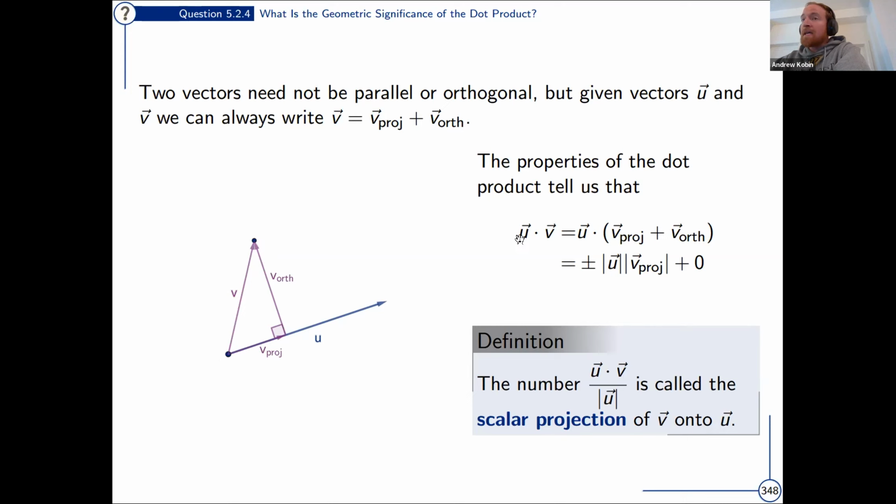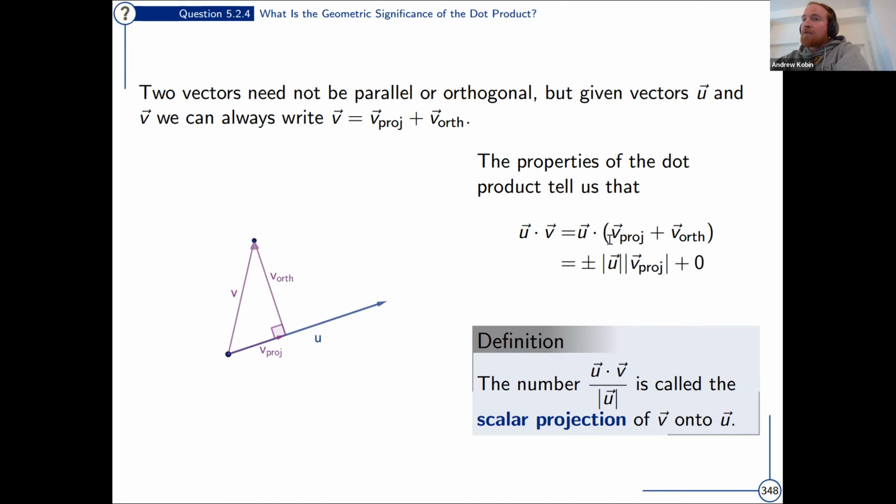For now, if we use the distributive property of the dot product, we can write v as vproj plus vorth. And because u and vorth are orthogonal to each other, here they form a 90-degree angle in the picture, their dot product is 0 by the previous theorem. On the other hand, u and vproj are parallel to each other, and in this case, they point in the same direction. If v were making an obtuse angle with u, then it would be pointing in a different direction.